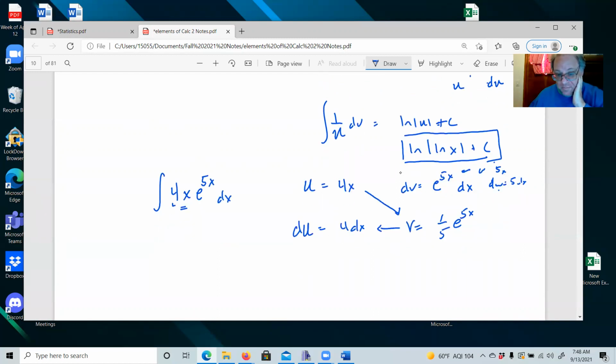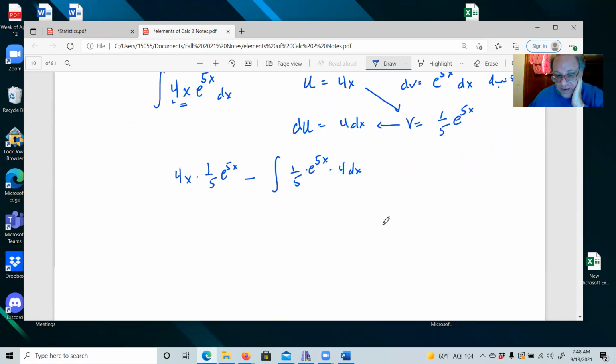There's my little box. I need uv, so this is 4x times 1/5 e to the 5x minus the integral of 1/5 times e to the 5x times 4 dx. Now I'm going to move some things around here.